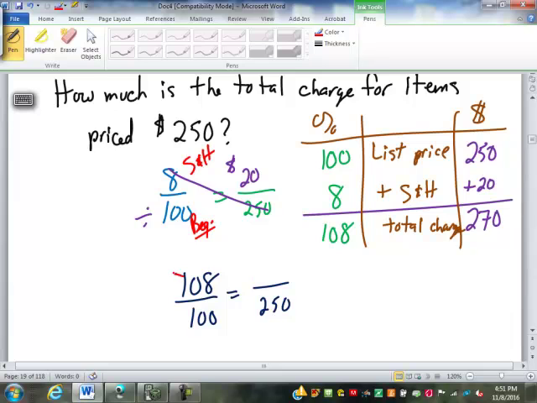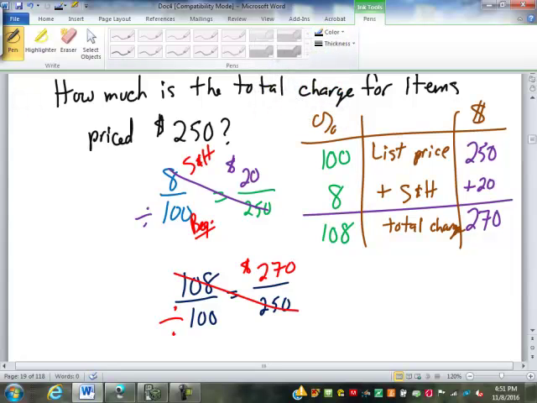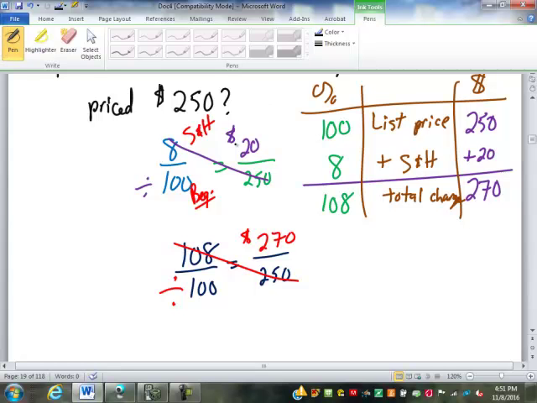And if we cross multiplied and divided there, 108 times 250 divided by 100 would have given us the $270 directly. Now again, here's one where finding that 8%, finding the $20 and adding it on is just as simple as adding the 8% to 100% and finding 108%. But there are going to be problems where we cannot do that.